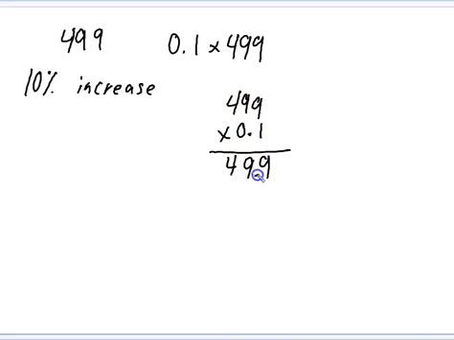And one decimal spot. So it's 49.90. Okay? That is the 10% increase. So now I take the original amount, 4.99. I'm going to add it since it's an increase, 49.90.